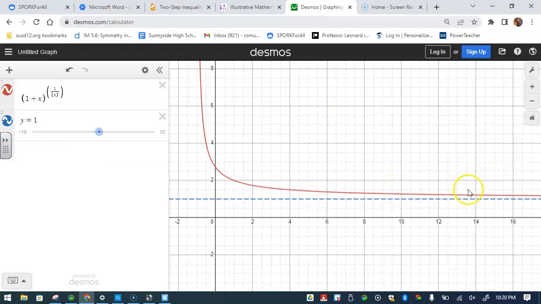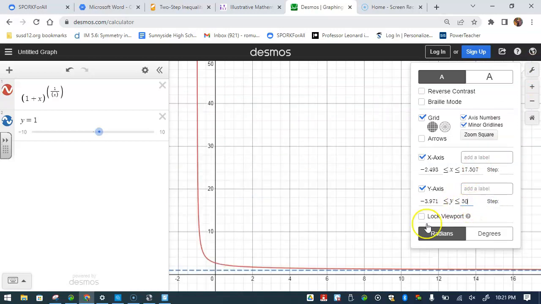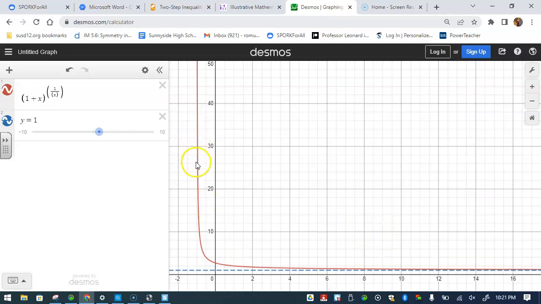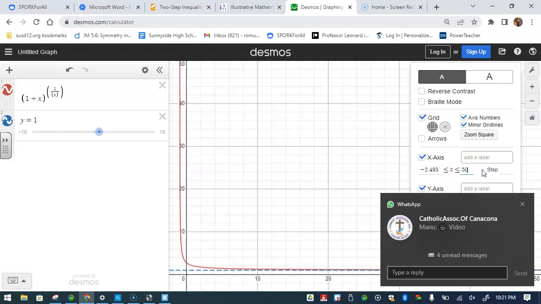See, if you want to have more on the right side, you can go to the settings and change this to maybe a 50 just to get an idea. See how this graph, which is empty here, I don't want too much on the y-axis. I think I made a mistake here. This should be 10, 50 here.